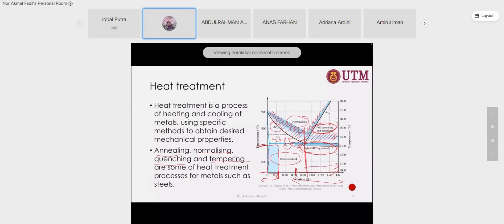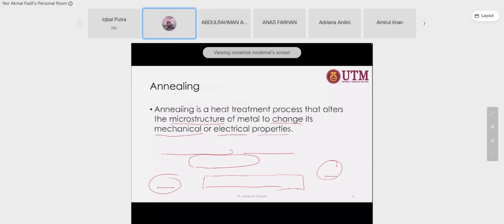When we use high carbon steel, why high carbon steel? Because the carbon content is very high. So basically, we want it to be strong and hard. That's the reason, when you have this kind of alloy, we do not frequently heat treat it.